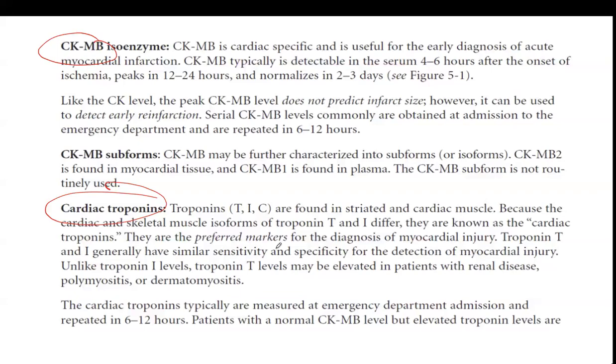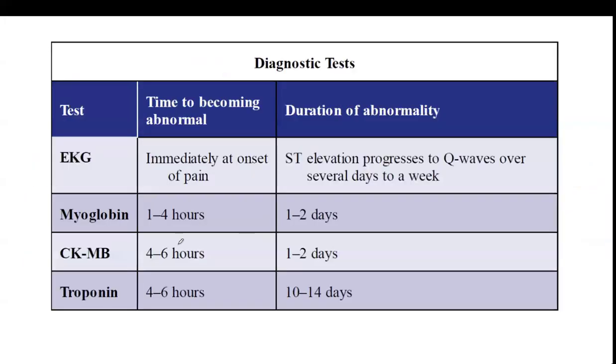And that is the most specific and sensitive test. And then sometimes we can do myoglobin. There are differences between these three tests that we can do in an acute coronary syndrome patient. So the most preferred test is cardiac troponin.